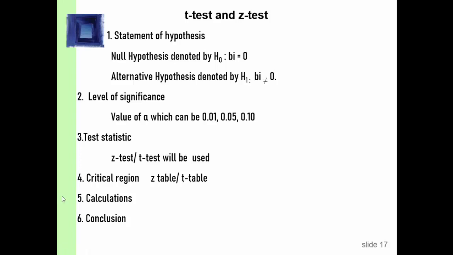If the calculated z is greater than the critical value, it means that it lies in the critical region, and we reject the H naught of non-significance and conclude that it is significant. We will discuss this in the next example on the next slide. You will understand it better.